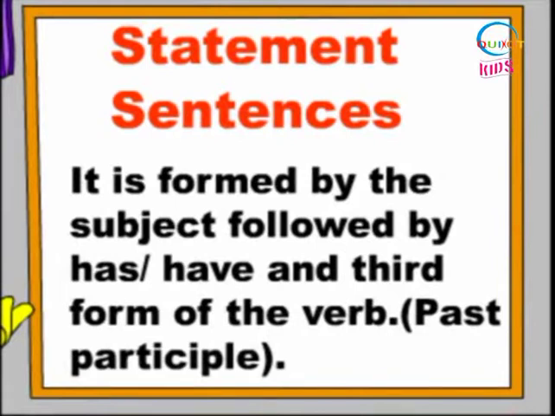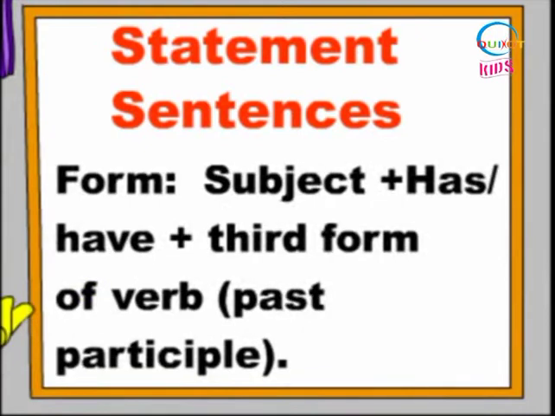1. Statement sentences. It is formed by the subject followed by has, have, and the third form of the verb, the past participle. Form: subject plus has, have, plus third form of the verb, past participle.